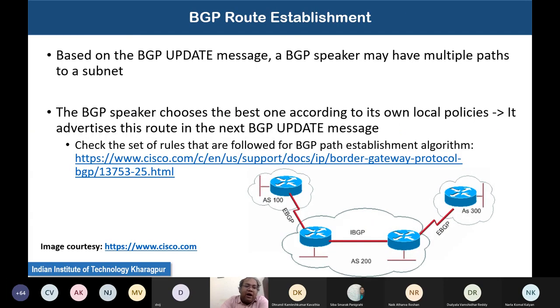Now, BGP route establishment is actually a very complicated algorithm. As I was mentioning, it considers multiple different factors simultaneously. Based on the BGP update message, a BGP speaker may have multiple paths to a subnet. It might receive multiple different NLRI, and based on that, it can have multiple different paths.